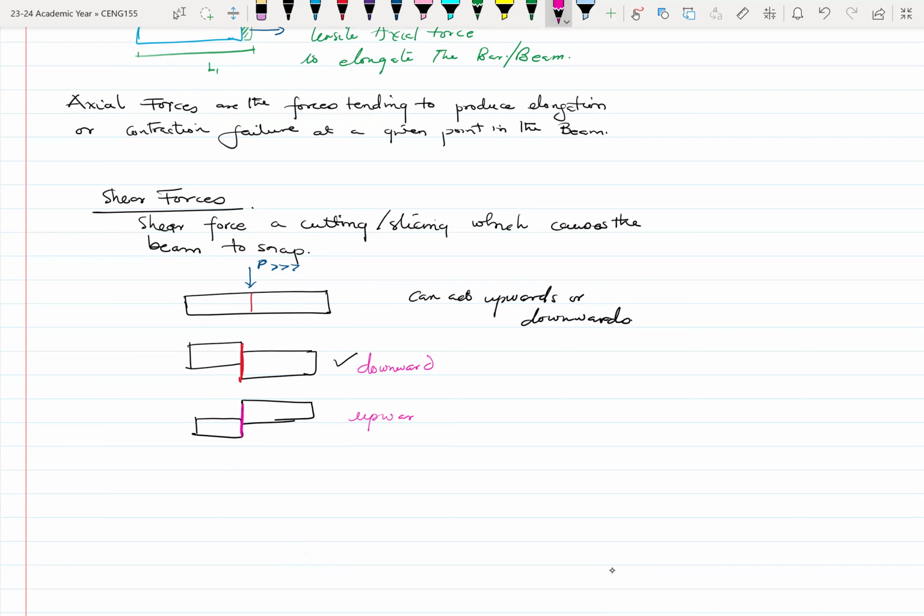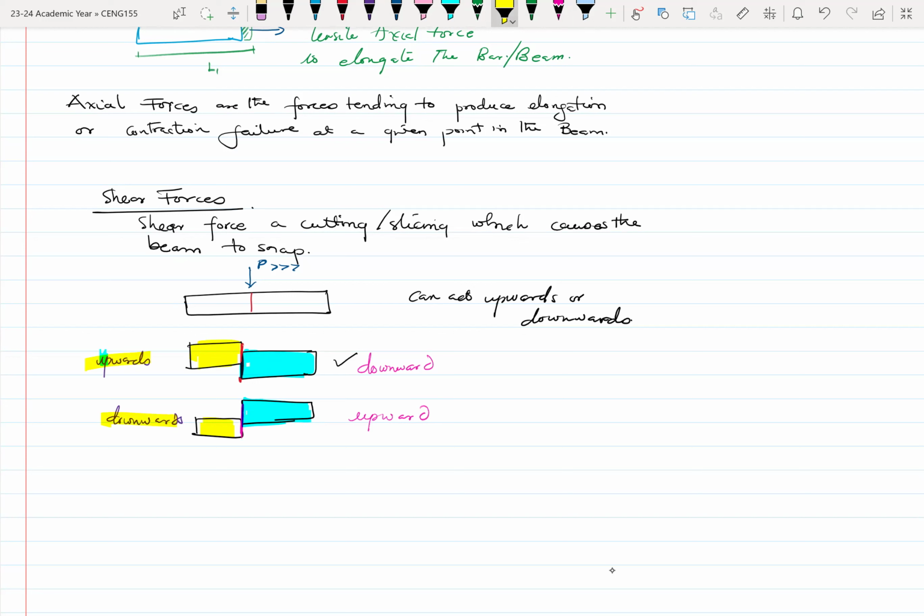I'm taking into consideration this section, and that's what I'm using to tell whether it is upward or downwards, just to explain the concept. You can use the left side, and then with the left side, here will be upwards and here will be downwards. It works just the same way.